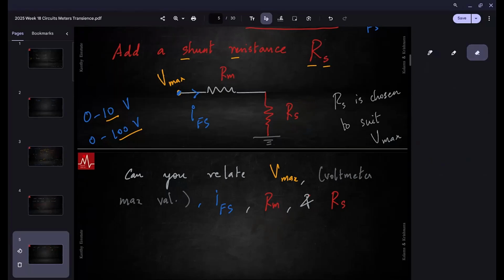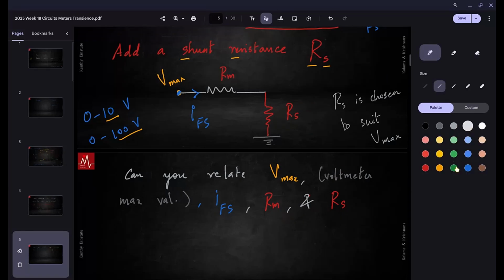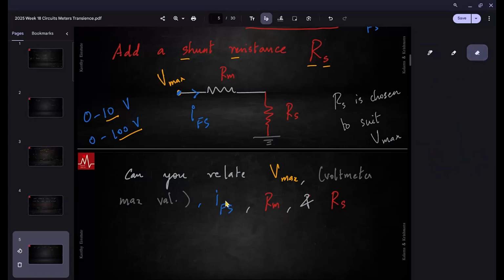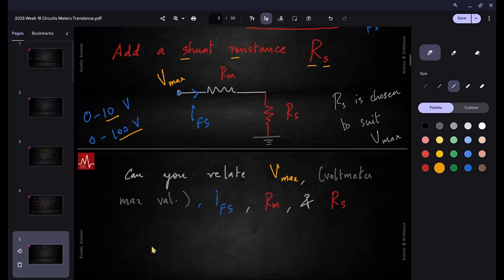Rm and Rs are in series, so they will add and then apply Ohm's law. Yeah, that's it. So notice the relation here would be your Vmax should be equal to IFS times the total resistance there, that is Rm plus Rs.